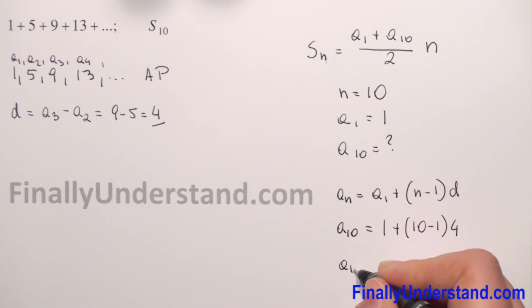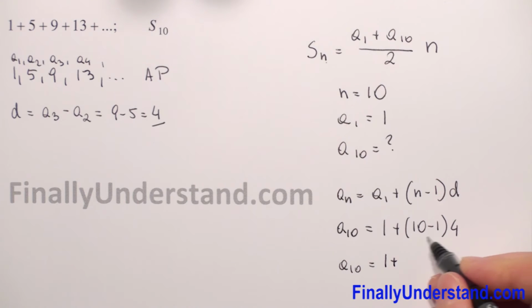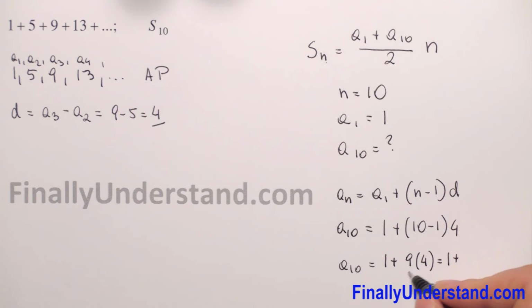So a10 is equal to 1 plus, first we have to do the operation in parentheses, 10 minus 1 is 9, times 4. So this is 1 plus, next we have to do multiplication, 9 times 4 is 36, so this is equal to 37. We have the 10th term of our arithmetic progression.